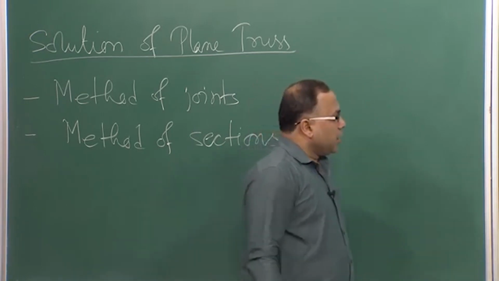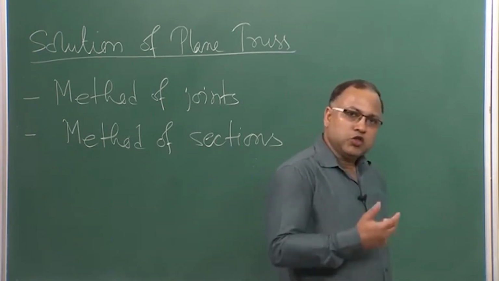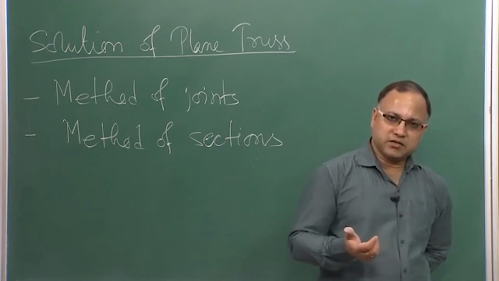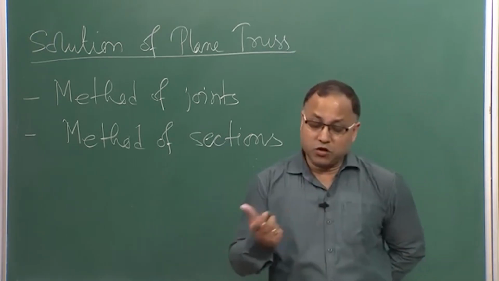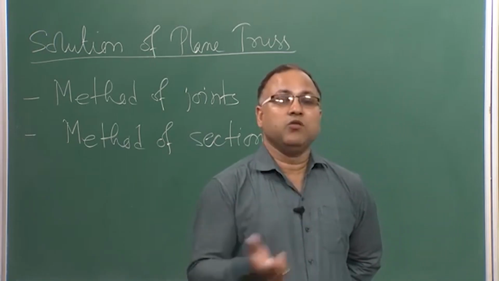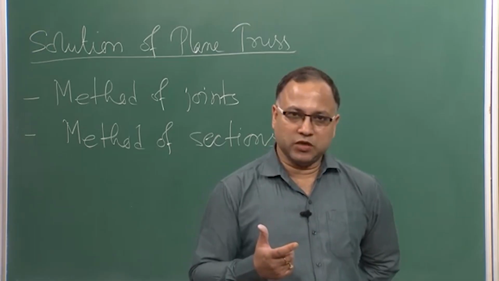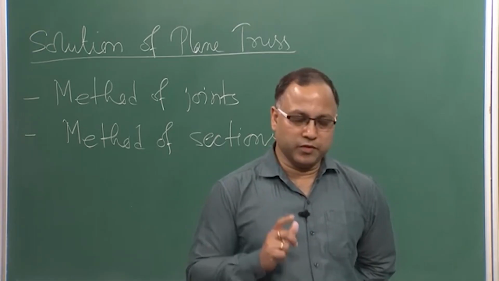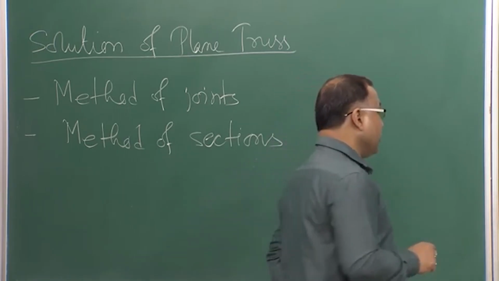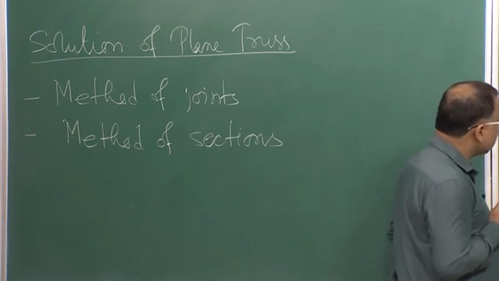Okay. Now, it is also internally determinate, and you can check it, because if it is not internally determinate, then you cannot find all the member forces, and we will see that all the member forces can be obtained by using the equations of equilibrium. So, therefore, it is an internally determinate structure. Whether it is rigid or not, you just check it.